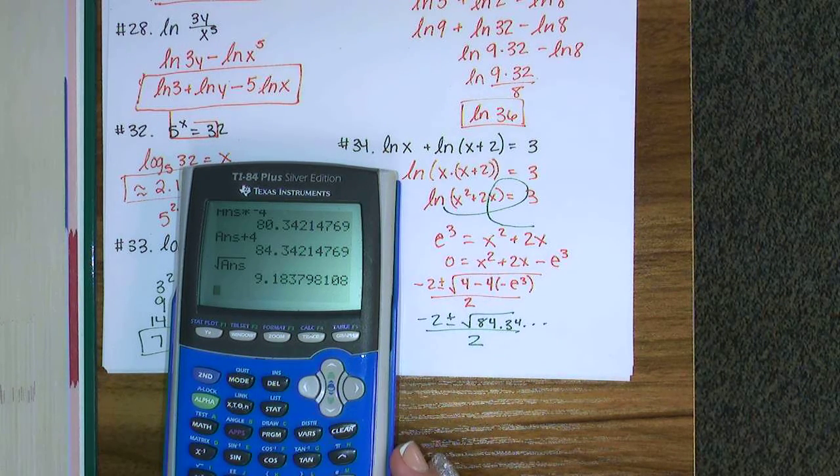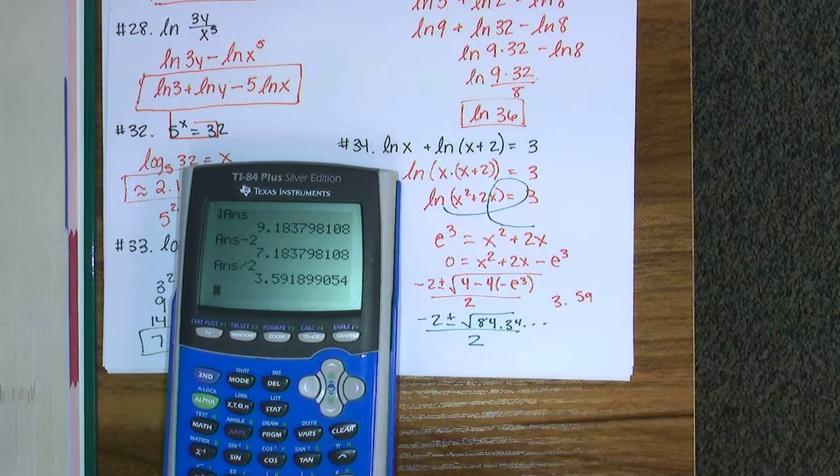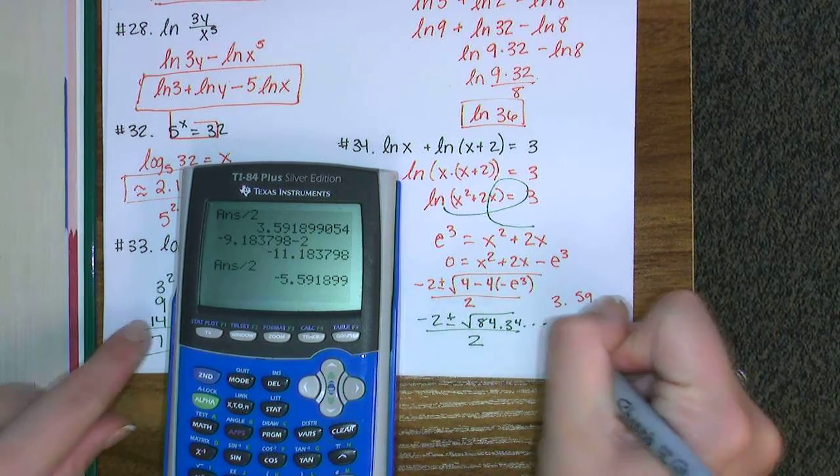Basically, we can do -2 using the positive one, so that's 7.18 divided by 2, 3.59. And then the other option would be -9.183798. Okay, close enough. -2 minus 9.18, divided by 2, is -5.59.